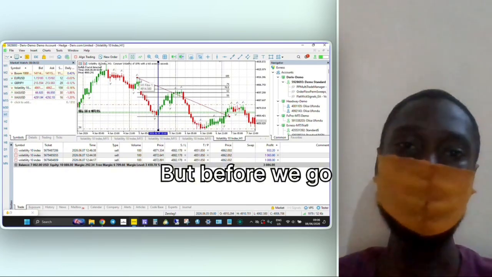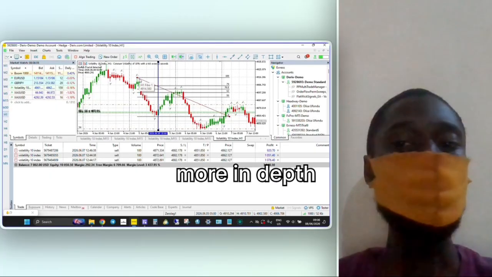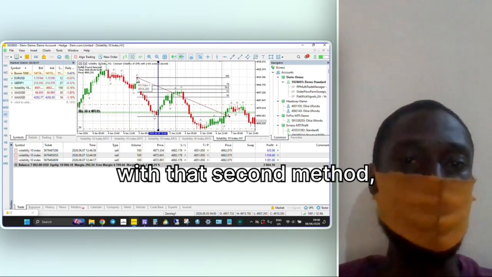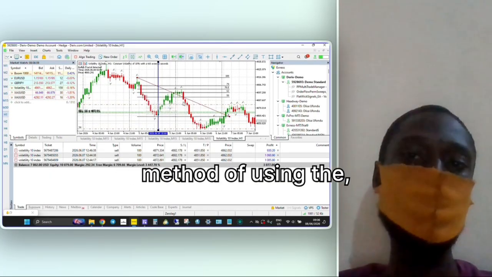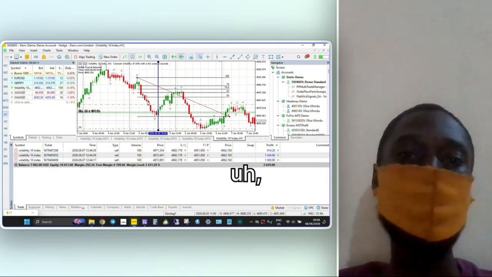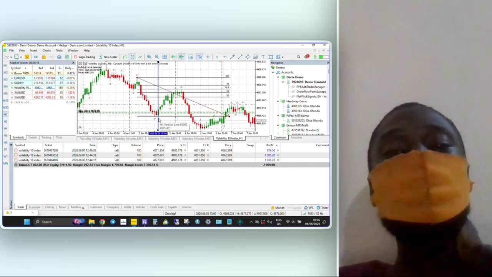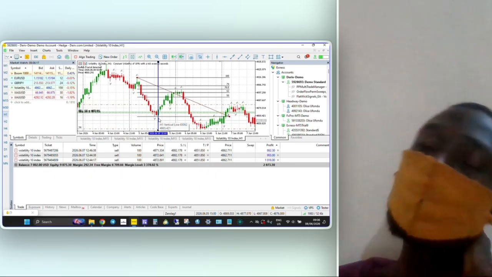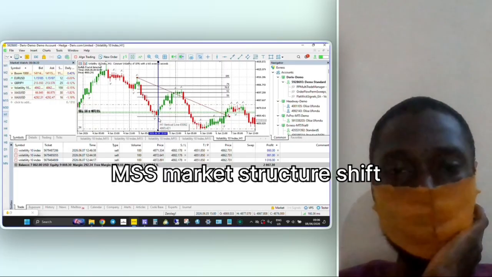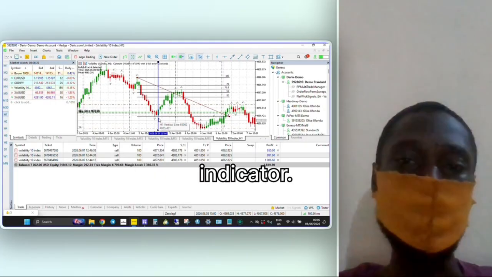But before I go more in depth with that second method, let's finish with this first method of using the Xmas candles, right? Which simply means a custom MSS, market structure shift indicator.